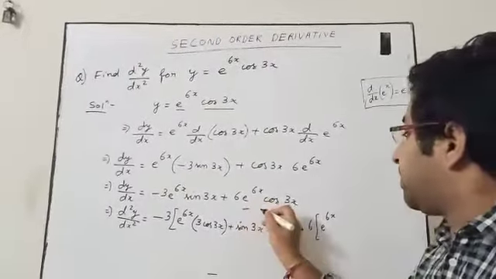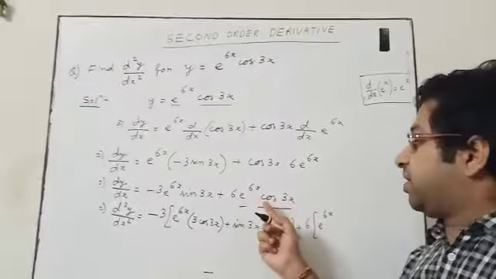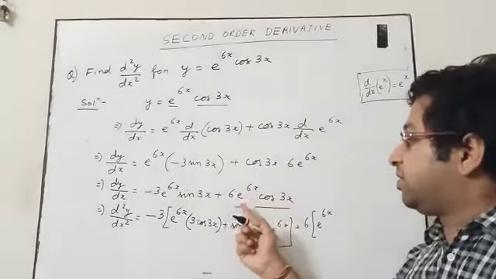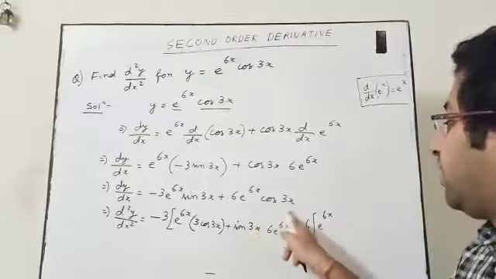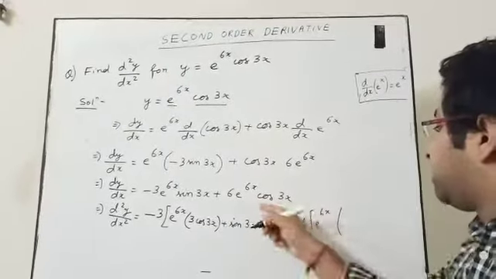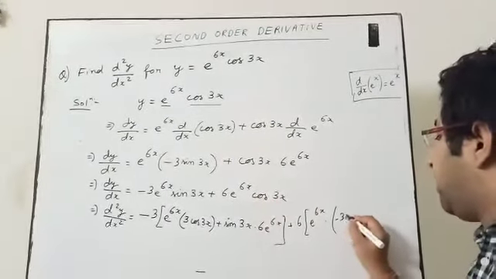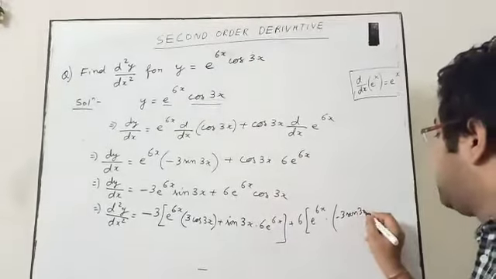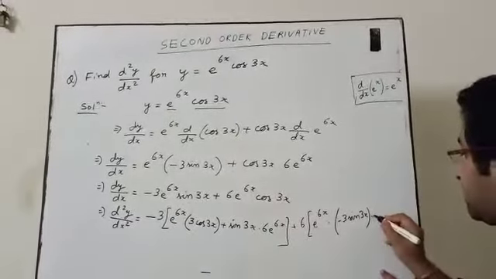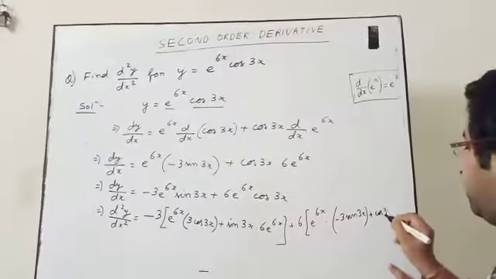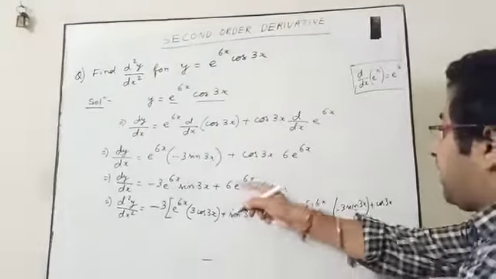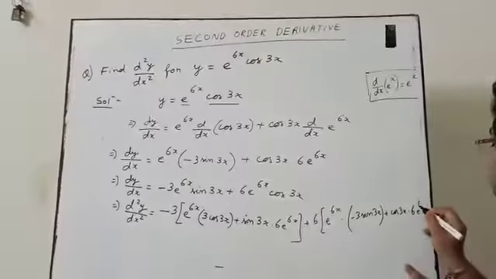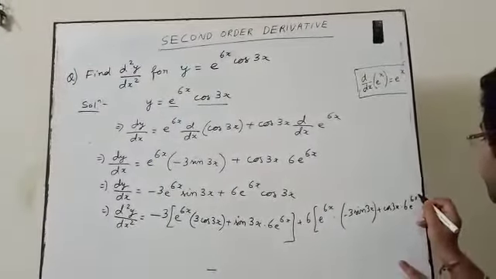This is the multiplication of two functions, so first function into derivative of second function. d/dx of cos 3x is minus 3 sin 3x, plus cos 3x into derivative of e to the power 6x, what will come? 6 e to the power 6x.